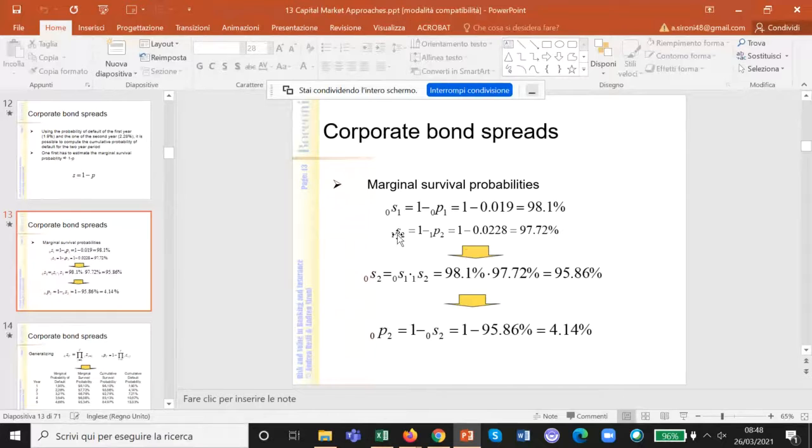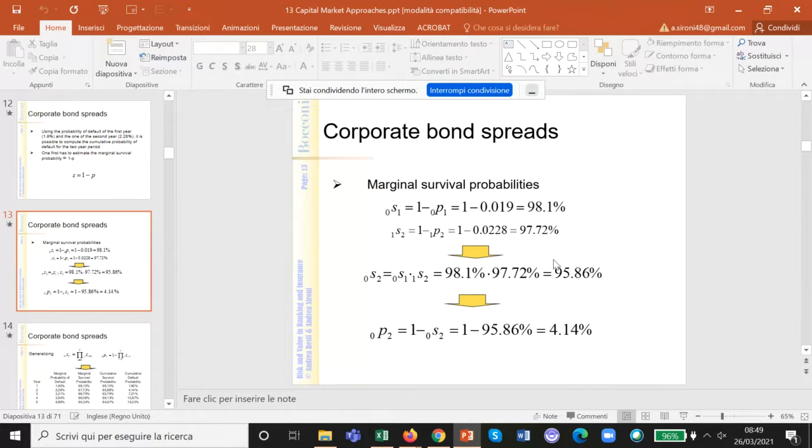Now, if we know that in the second year the probability of default is 2.28, then we can look at the survival probability for the second year. So how many of those that survive after 1 year will also survive after 2 years, in the second year? Based on the two survival probabilities for the first and the second year, we can compute the cumulative survival probability, which is the product of the two, i.e., 98.1 will survive after the first year, and out of these 98.1, 97.7 will survive the second year.